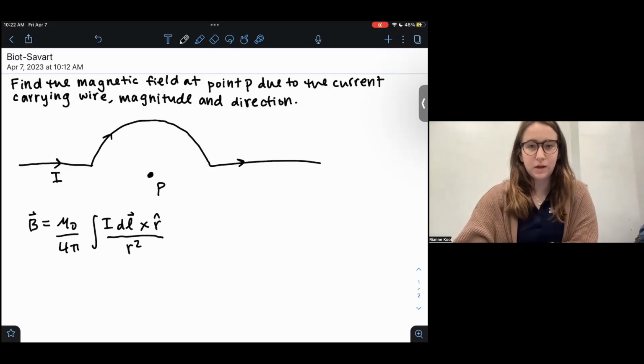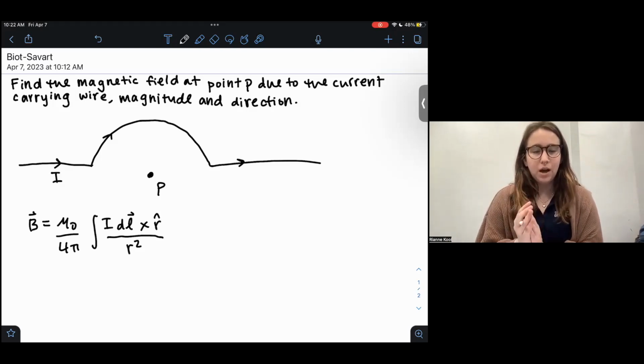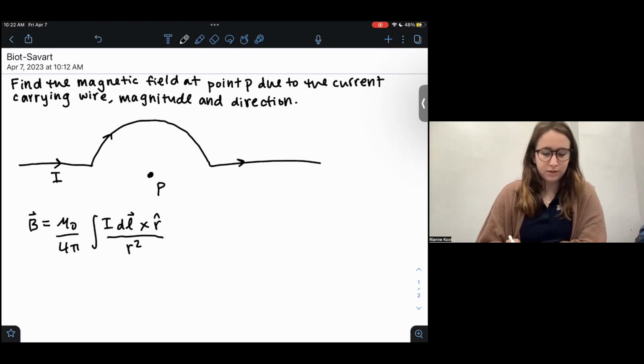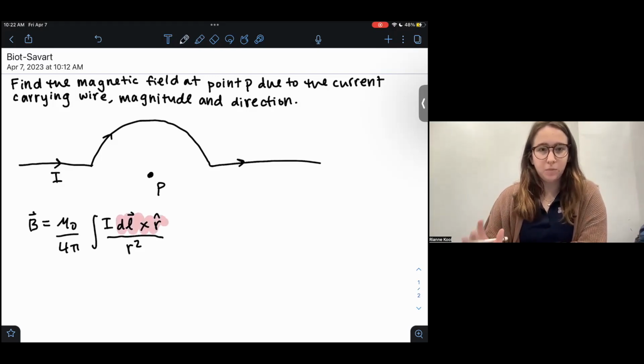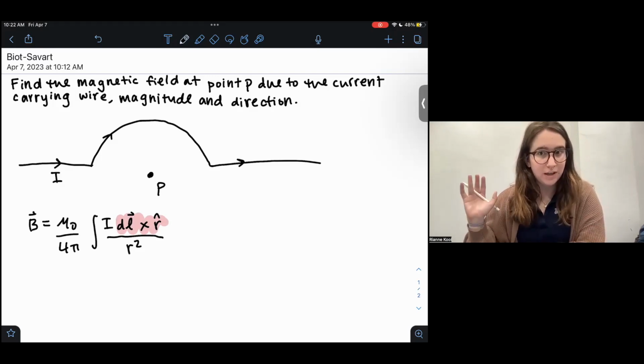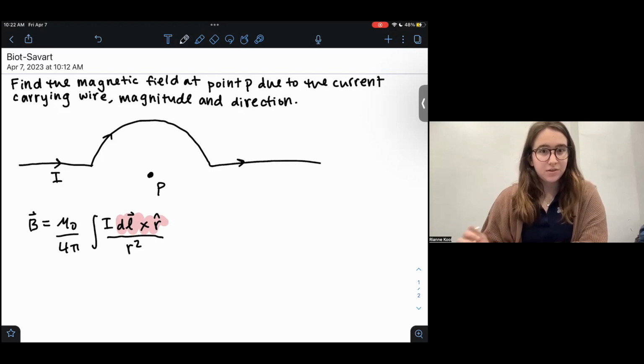That's our equation. I really want to focus on this cross product and talk about what it means to cross a length element into a unit vector. So let's get right into it.